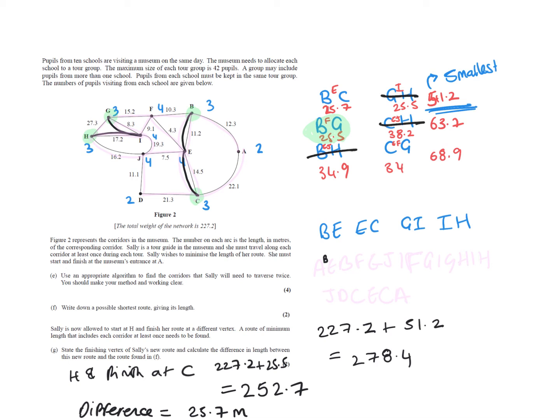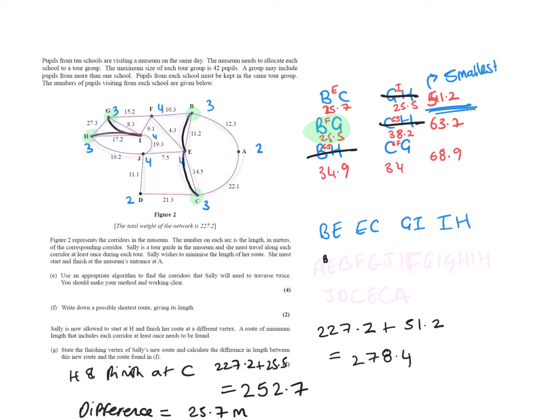Because we want H to be odd if it has to start at H and finish somewhere else. What we care about now is which one has the smallest. Out of these, the smallest was 25.5. So we would make B and G even order by adding in extra arcs. Well, we don't technically add them in, we just go over them, forward and back. That means traverse it twice. And that's how we get that.